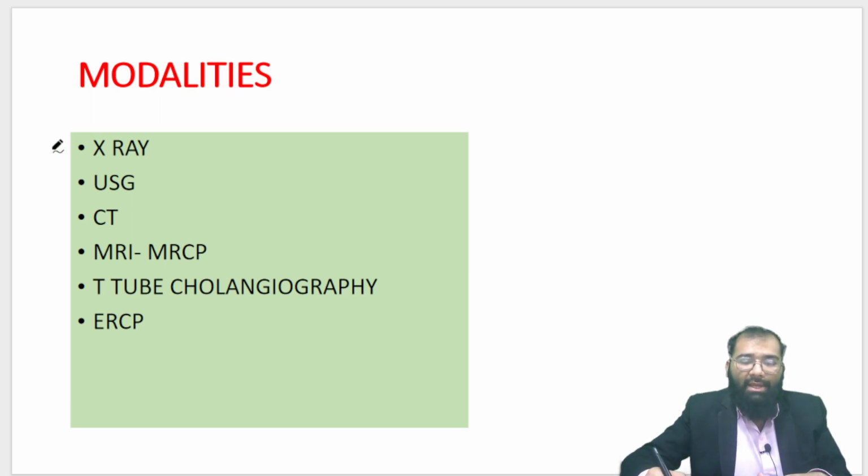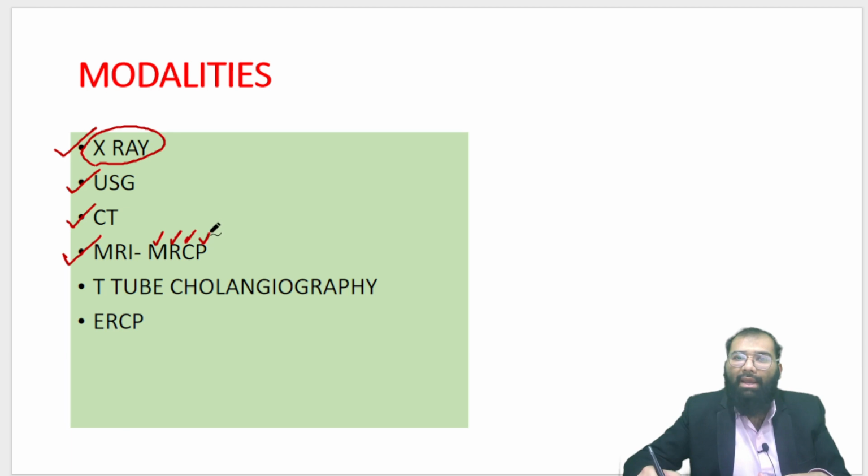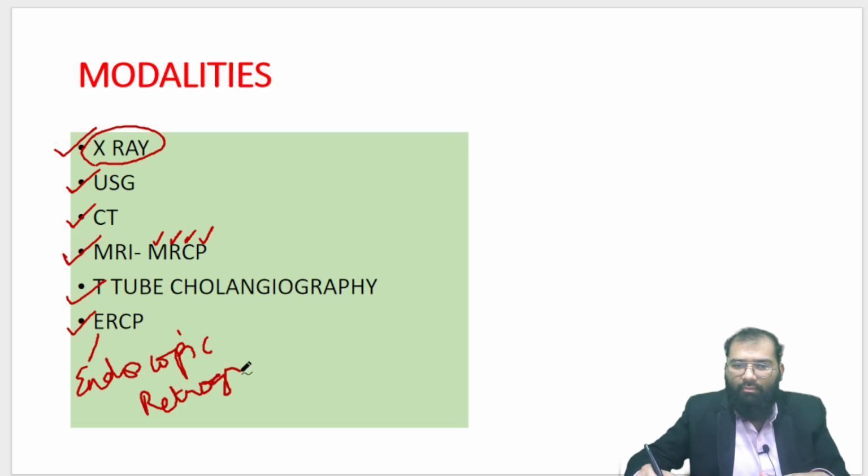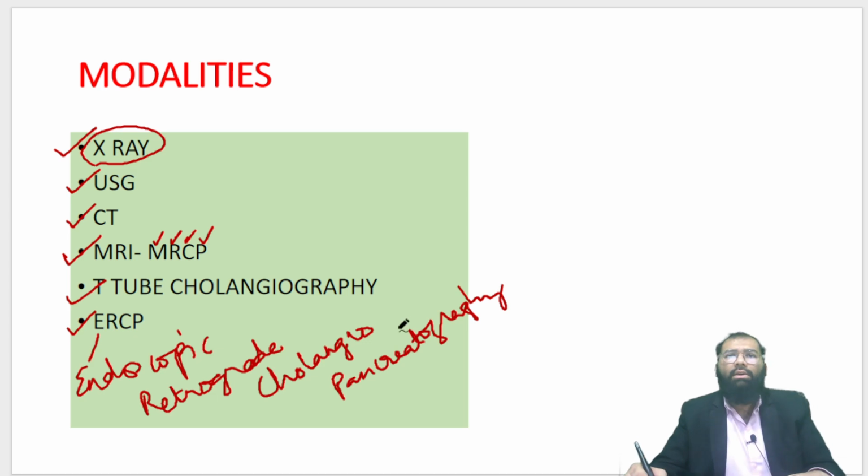The most important modalities being X-ray, the basic modality which is used, ultrasound, that is USG or sonography, next is CT scan, MR in the form of MRCP, that is magnetic resonance cholangiopancreatography, T-tube cholangiography, ERCP, that is endoscopic retrograde cholangiopancreatography. Okay, so that is ERCP.